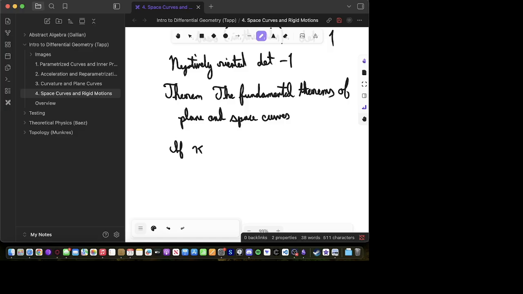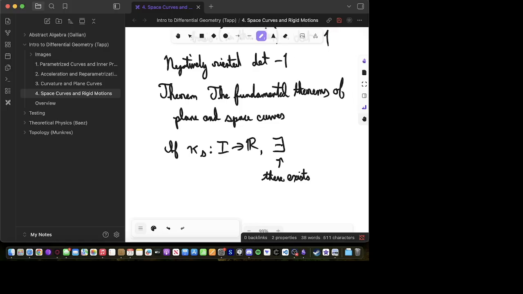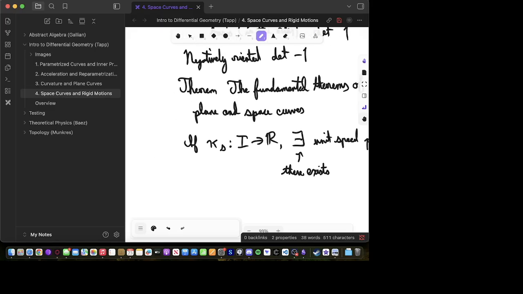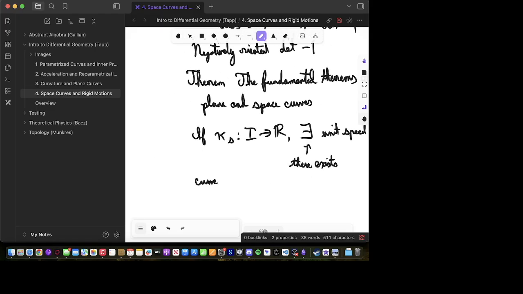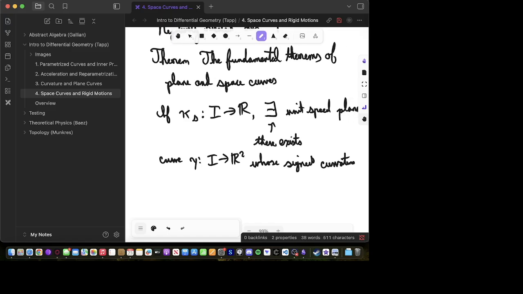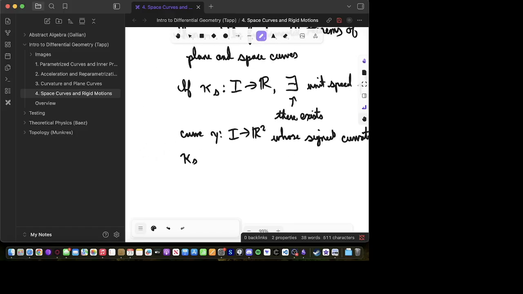So if we have some function, kappa of s, from I to R, then there exists a unit speed plane curve gamma whose signed curvature is kappa of s.